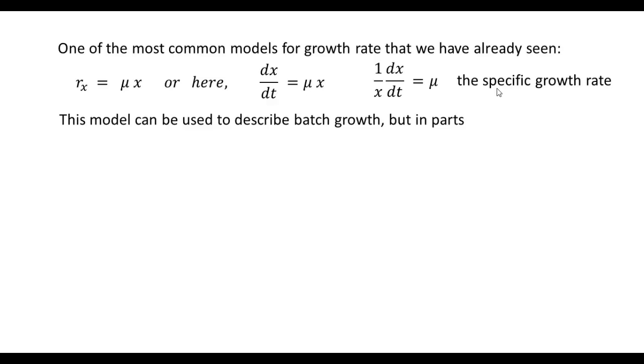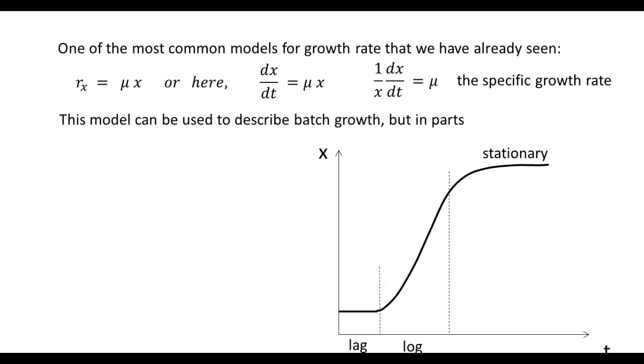This model can be used to describe batch growth, but in parts. These are the various parts of the batch growth that we have seen: the variation of cell concentration with time, the lag, log, and the stationary phase. In the lag phase, mu is 0. dx dt is 0.